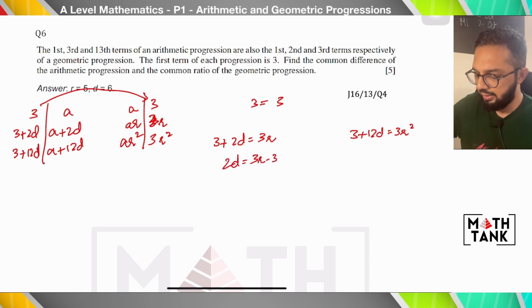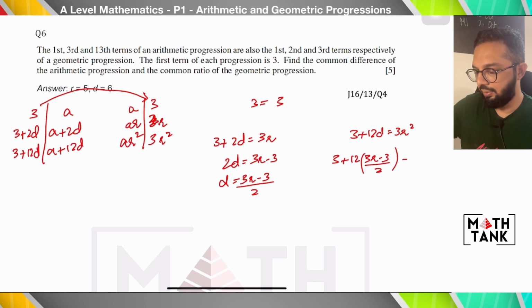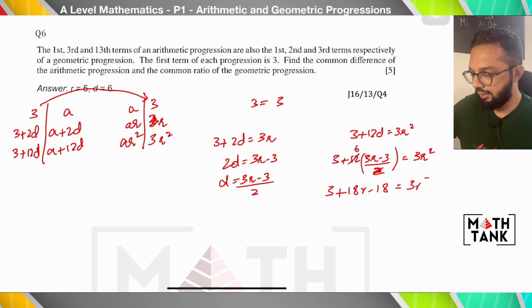So 3r minus 3 equals 2d, so d equals 3r minus 3 over 2. So 3 plus 6 times (3r minus 3) equals 3r squared. 3 plus 18r minus 18 equals 3r squared. 3r squared minus 18r plus 15.